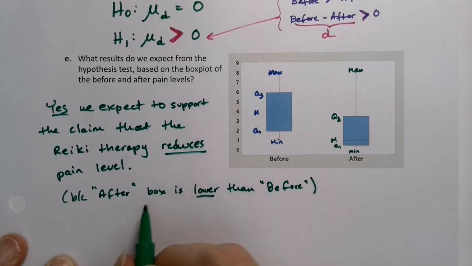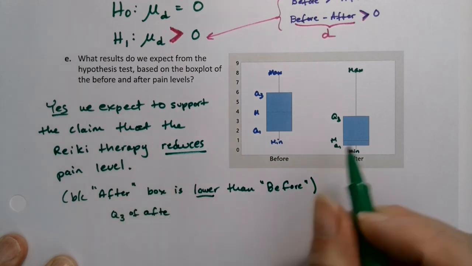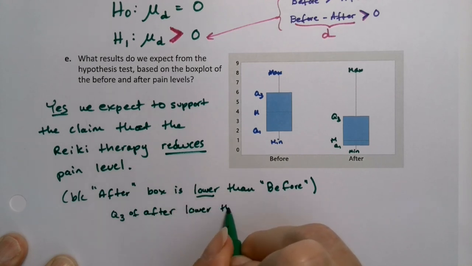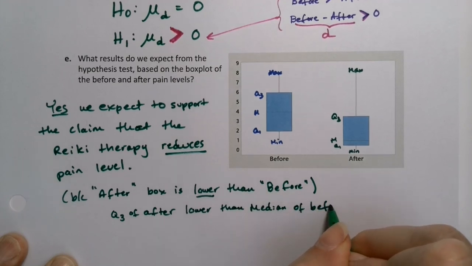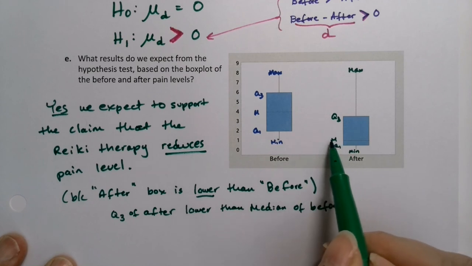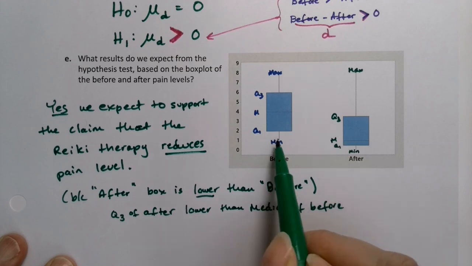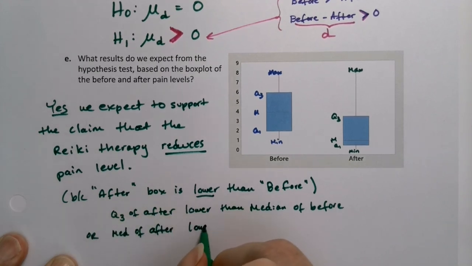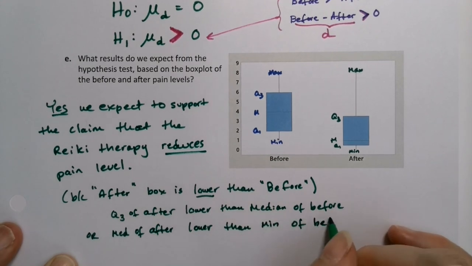How is it lower? Well, Q3 of the after is lower than the median of the before. For another thing, the median of the after is lower than the minimum. Look at that. Half of the patients are below the minimum score from before. That's another way you can see it.